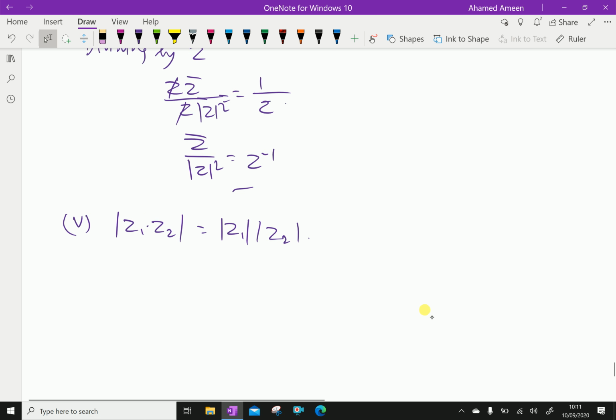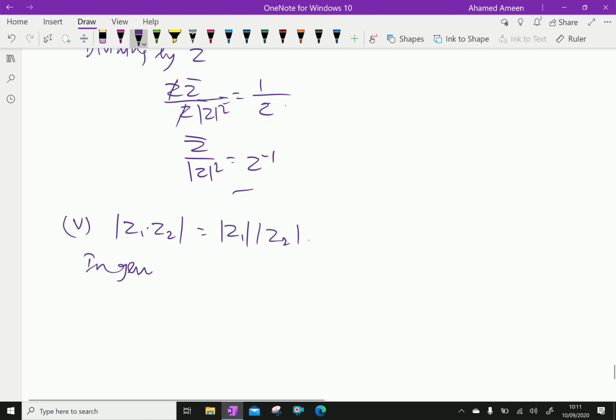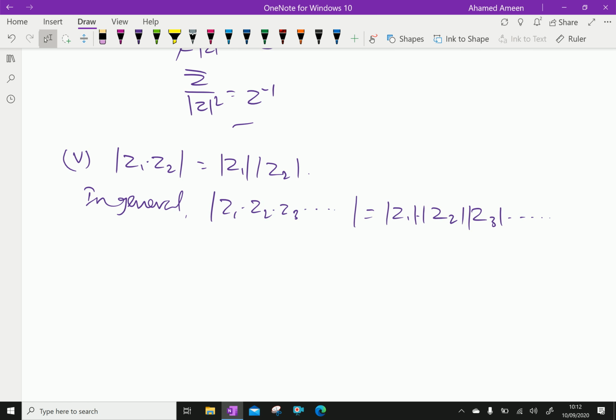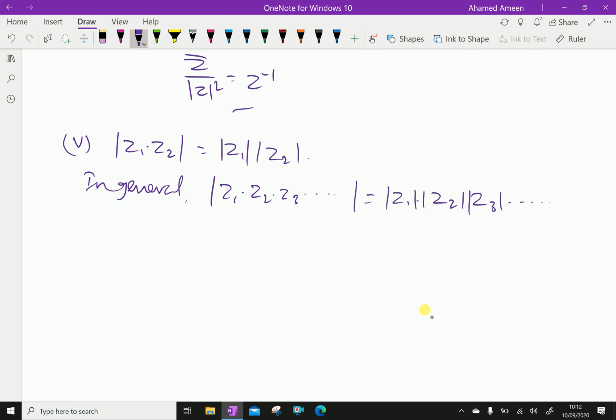In general, we can say modulus of z1 z2 z3 and more terms is equal to the product of the separate moduli. Similarly for division also, modulus of z1 by z2 is equal to modulus of z1 over modulus of z2.